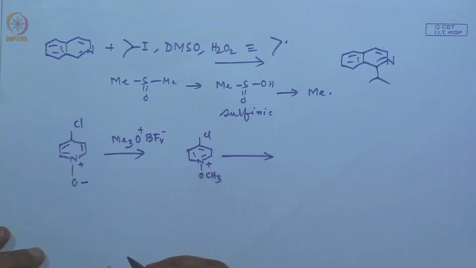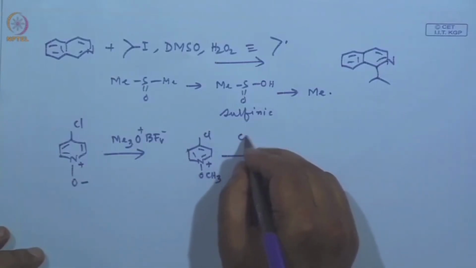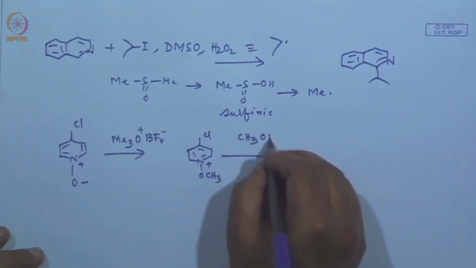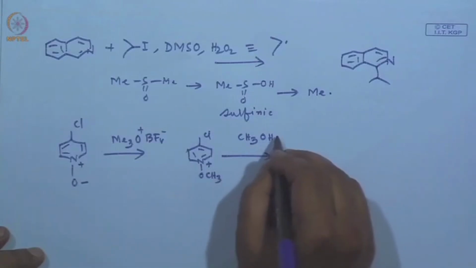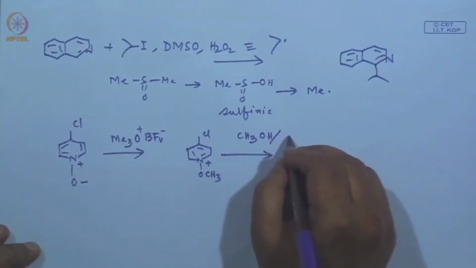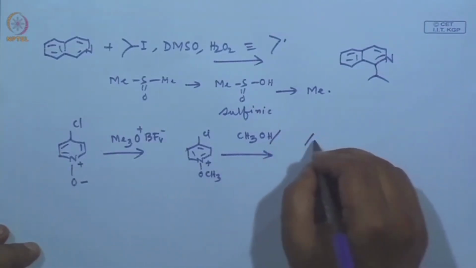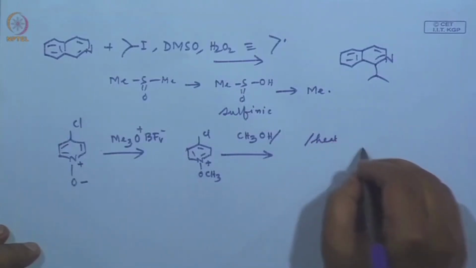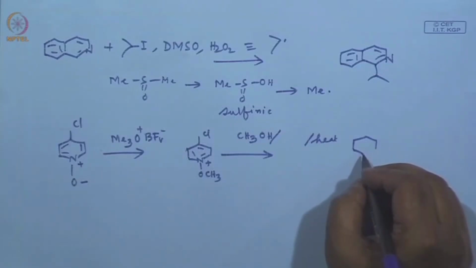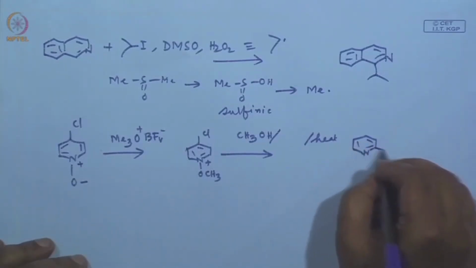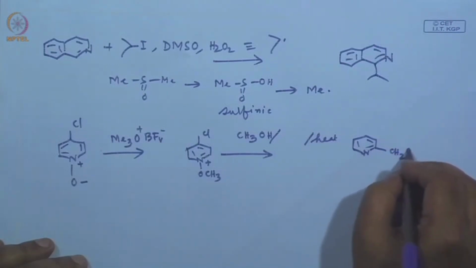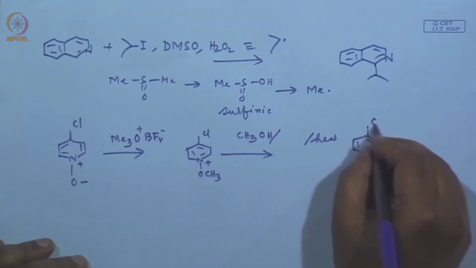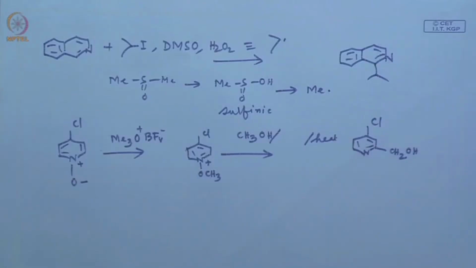Now, if you, let us say, take a particular combination now, methanol, and I will not give you the answer, and simply heat it. What will you get eventually after all these demethylation etc.? You will get a nice direct introduction of CH2OH.